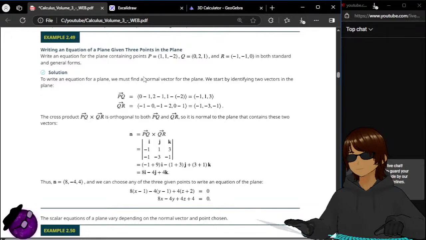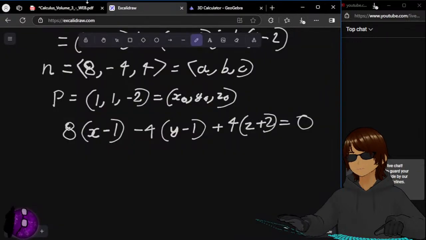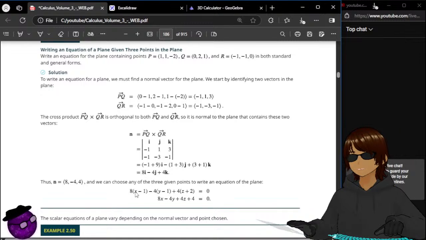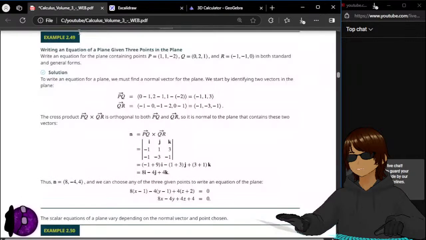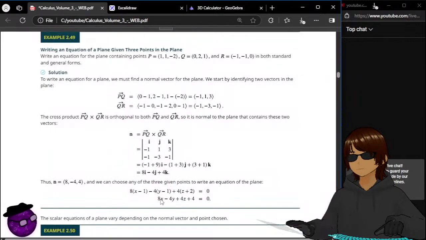Is this correct? So let's see. x minus 1, y minus 1. Yeah, I got it right.